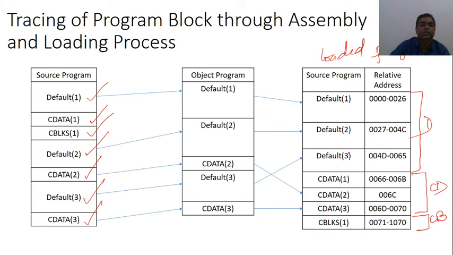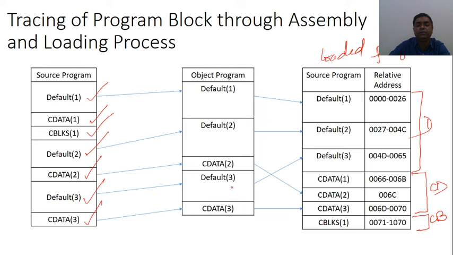In this way we can see that when I am dividing the program into program blocks, basically we are rearranging the program only. And when we are writing the object program, it is not required that we first write default 1, then default 2, then default 3. You can see here, first default 1 was written, then default 2, then C data 2, then default 3.